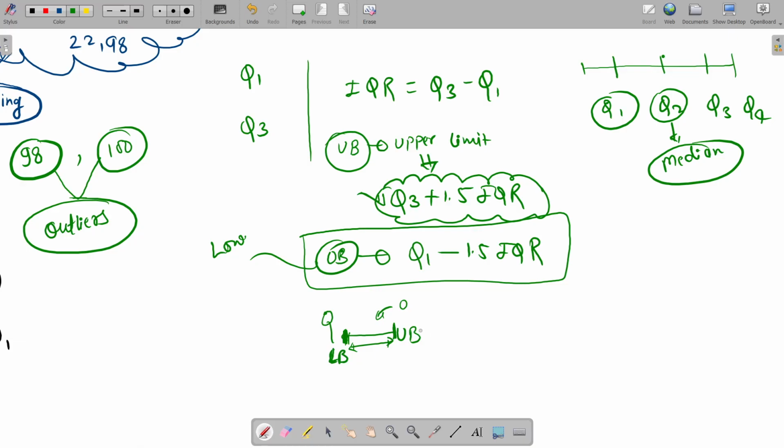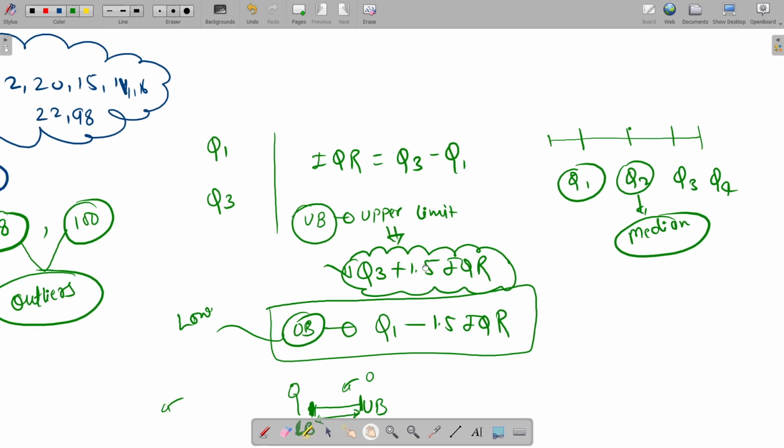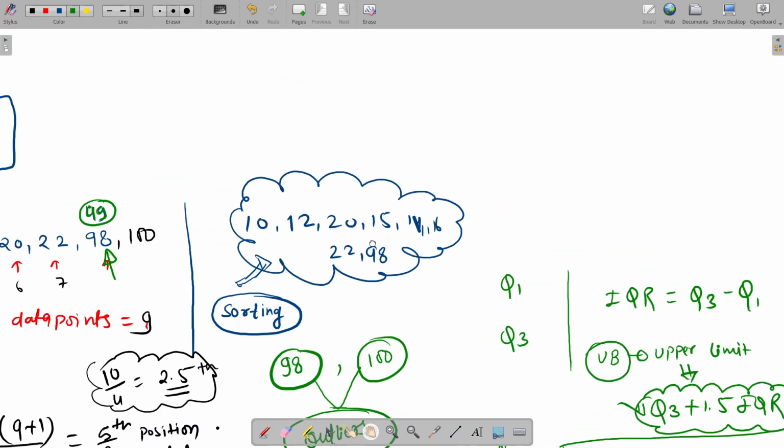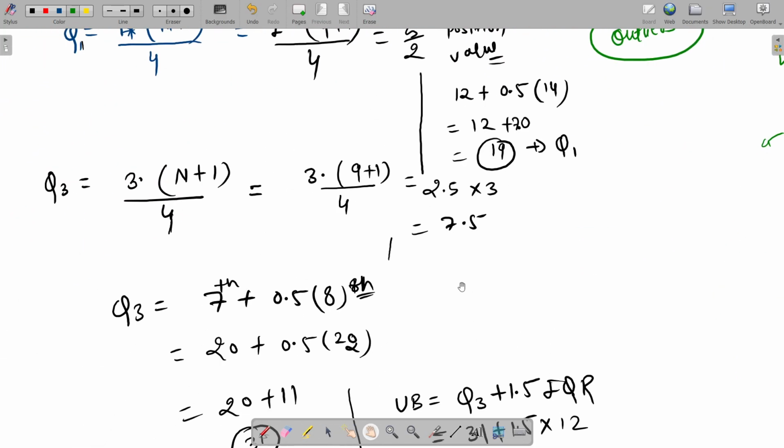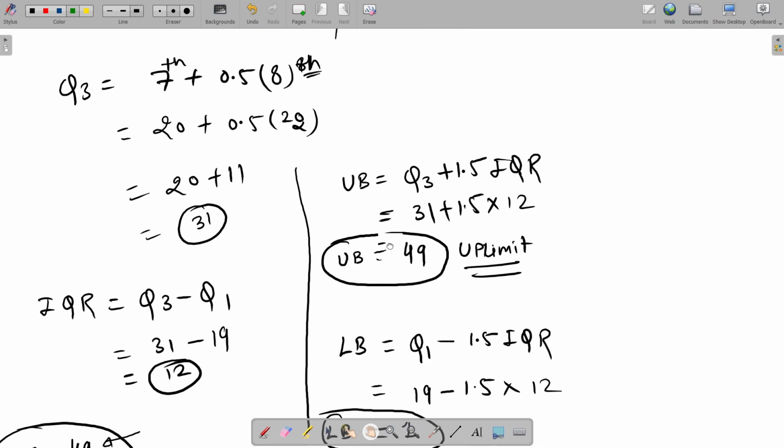If any value is beyond the upper bound or the lower bound, that data point will be our outlier. Suppose for this example, we have two data points, 98 and 100, which are greater than 49, meaning greater than our upper limit. So this is the method. By using this method we can calculate our outliers.